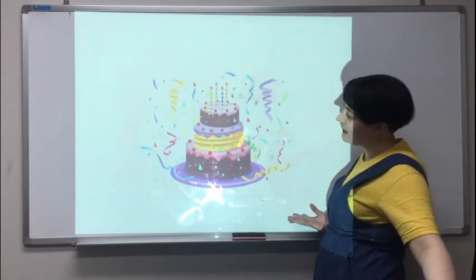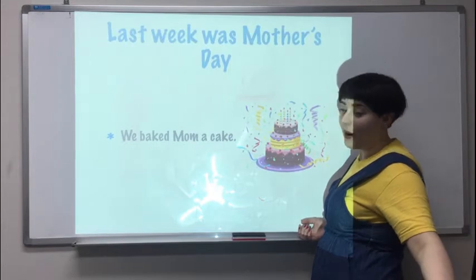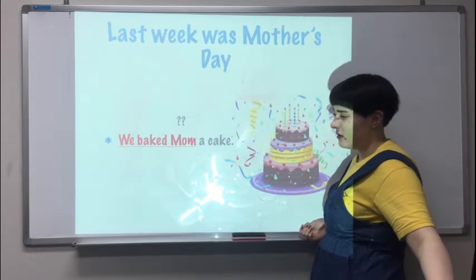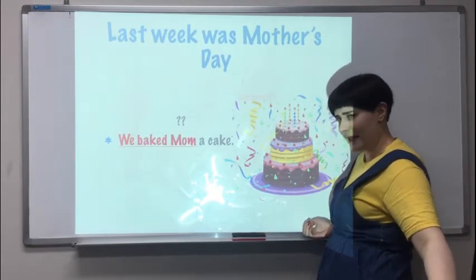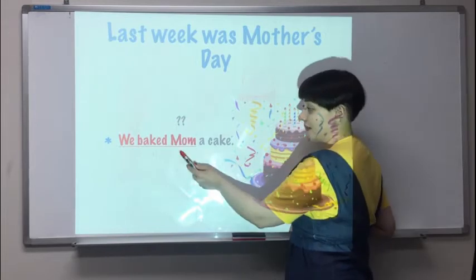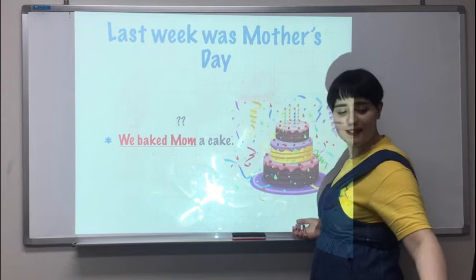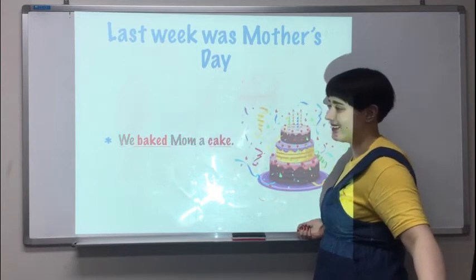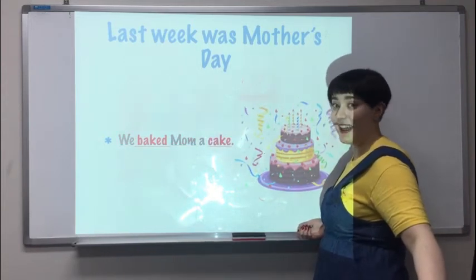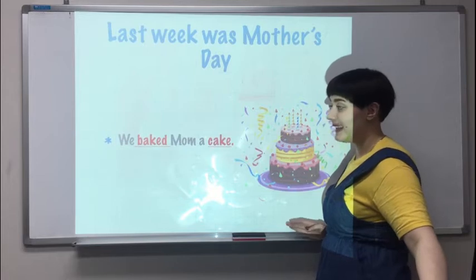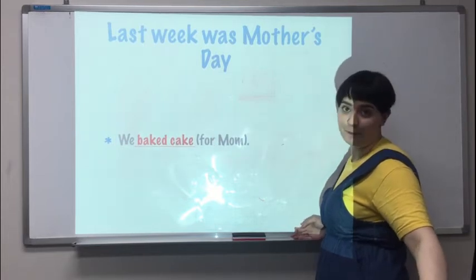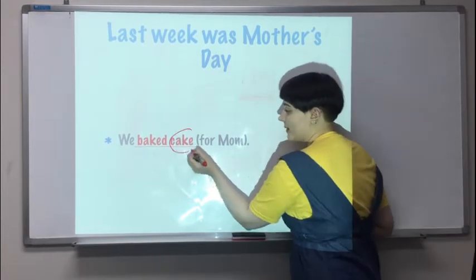Another example would be a cake. We baked mom a cake. Did we bake mom? Because mom follows directly after the verb, right? So we baked mom. Does it make sense? No, of course not. We baked the cake for mom. So what receives our direct action?